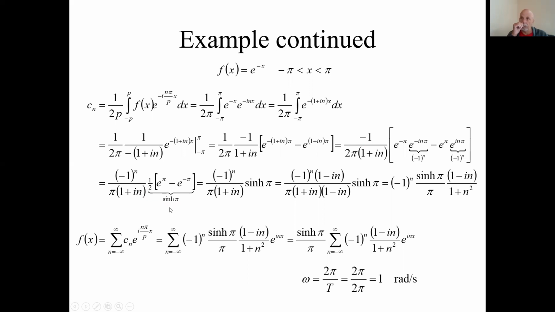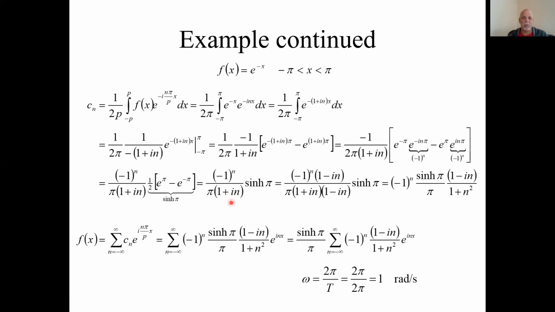And here's where you can use some of your identities. You can recognize this as a sinh, as long as you have a 1/2 up here. So I'm making this a 2, separating it out, so that this part is just hyperbolic sine of pi. Here we go, we're almost done.